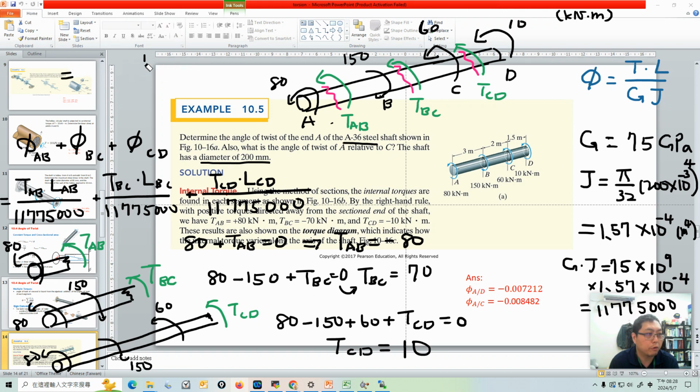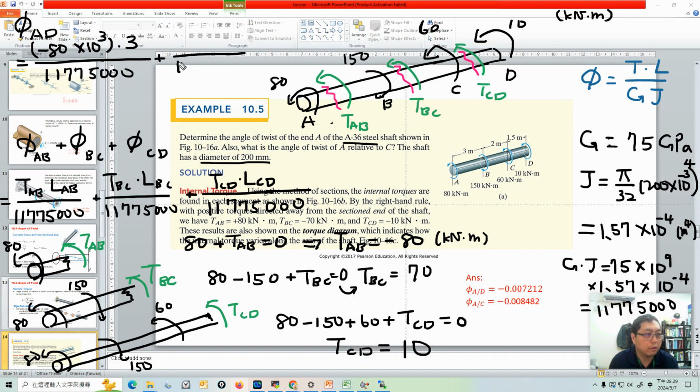So finally we will have the angle of twist of A with respect to D. You just add these three together. TAB is minus 80, but don't forget the unit is kilonewton times meter. I want everything in newton times meter, so I have to put 10 to the power minus 3 here. And LAB is 3.